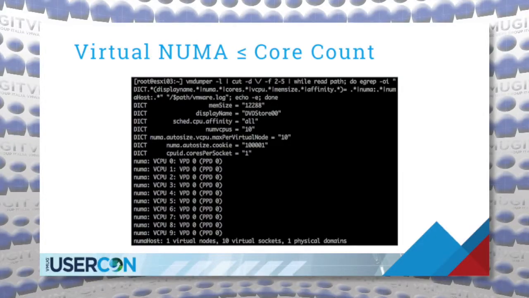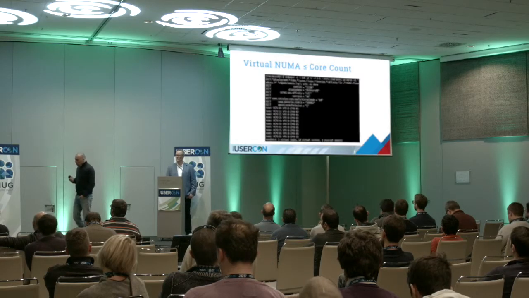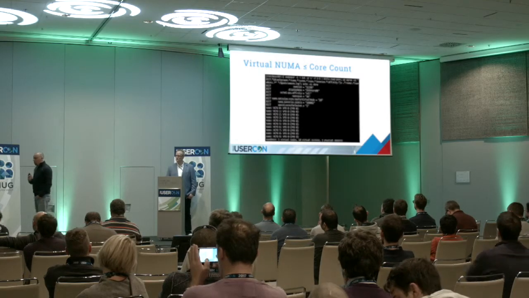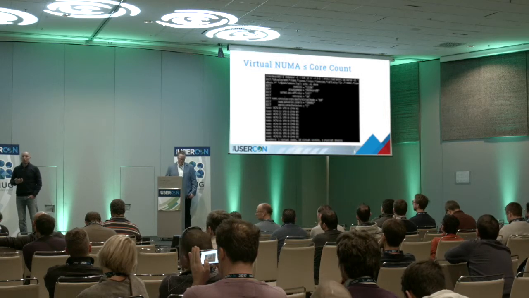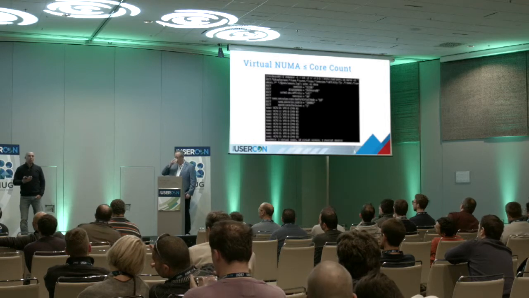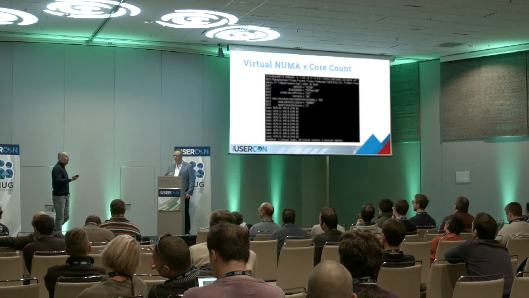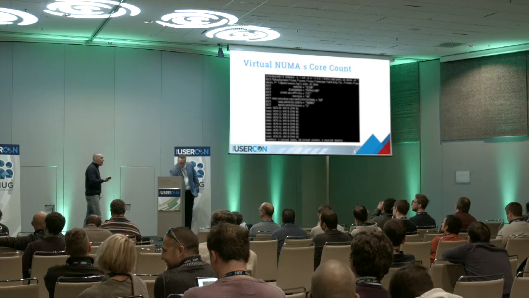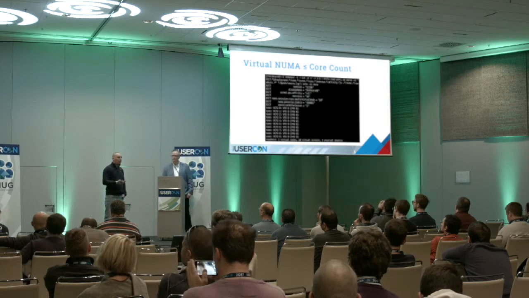So let's dig into the elements a little bit better. One of the things is called wide VMs or virtual NUMA. By show of hands, who has heard of virtual NUMA? Okay. One of the myths of virtual NUMA is that if you are above 8 CPUs, you will get a virtual NUMA system. This is not entirely true.